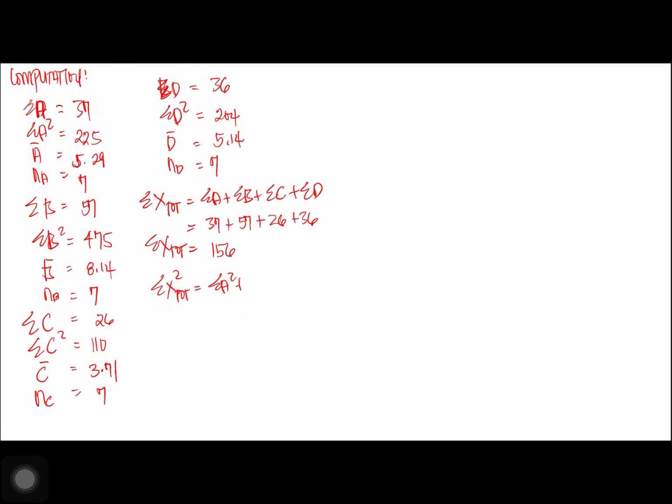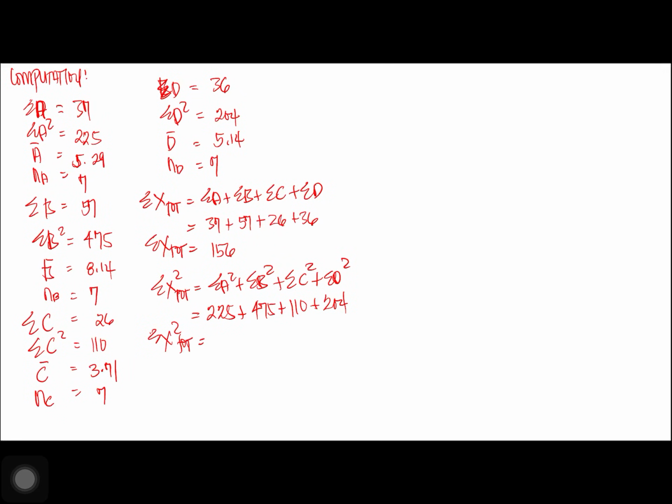For the summation of X squared total, we have the summation of A squared plus the summation of B squared plus the summation of C squared plus summation of D squared. We have 225 plus 475 plus 110 plus 204.